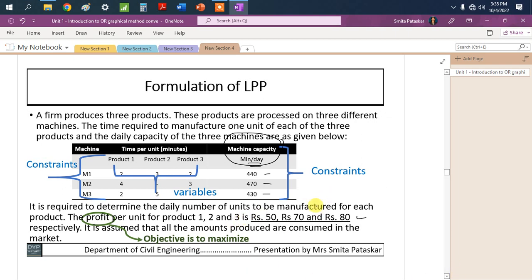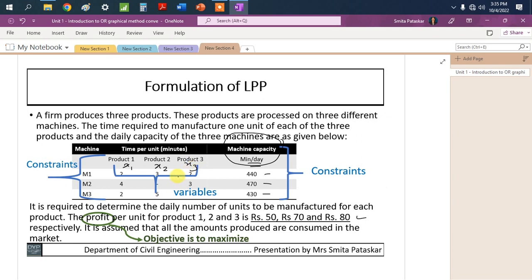Here product 1, x1, will be manufactured, product 2, x2, will be manufactured, and for product 3 let us say x3 will be manufactured.